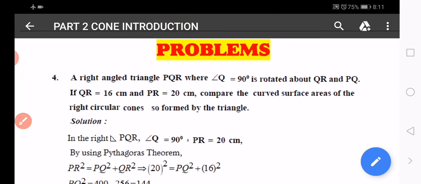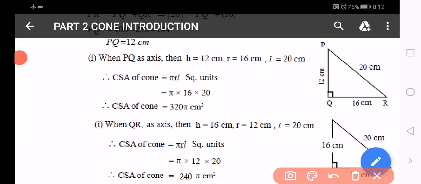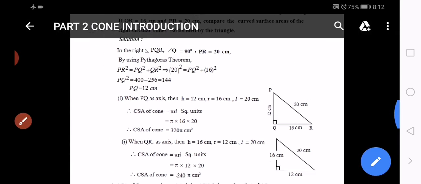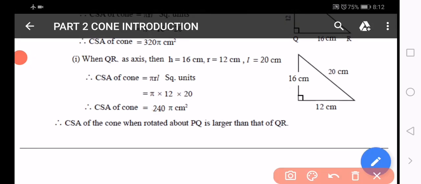And the second one, if rotated about QR, that means QR as axis. Here we write the names P, Q, R in the triangle because Q is the right angle.